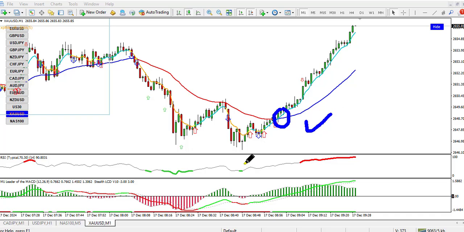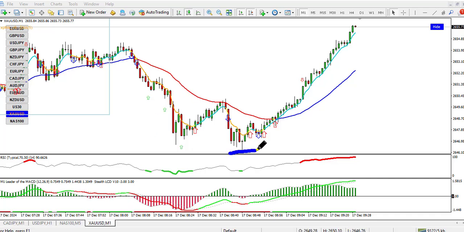Before then, we have this giving us a buy signal at this particular point, but no agreement with the other indicators until this particular zone, and when you check the other indicators, they did agree. So this is the best point for you to place your trade for a buy, and your stop loss will just be a few pips below the previous low before this signal was generated by this strategy.